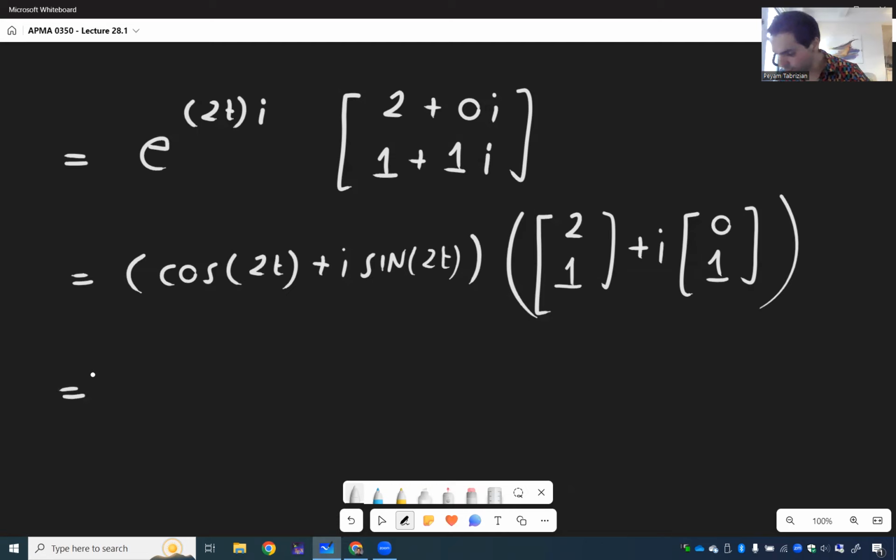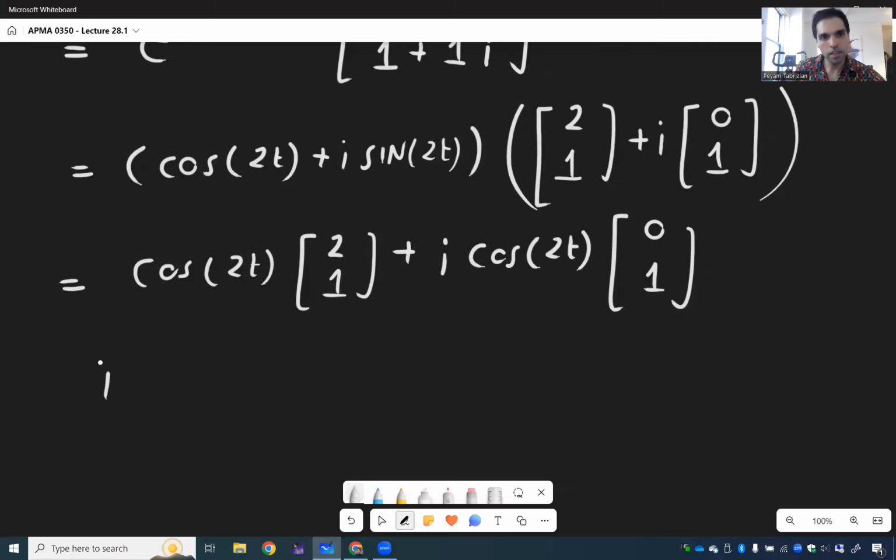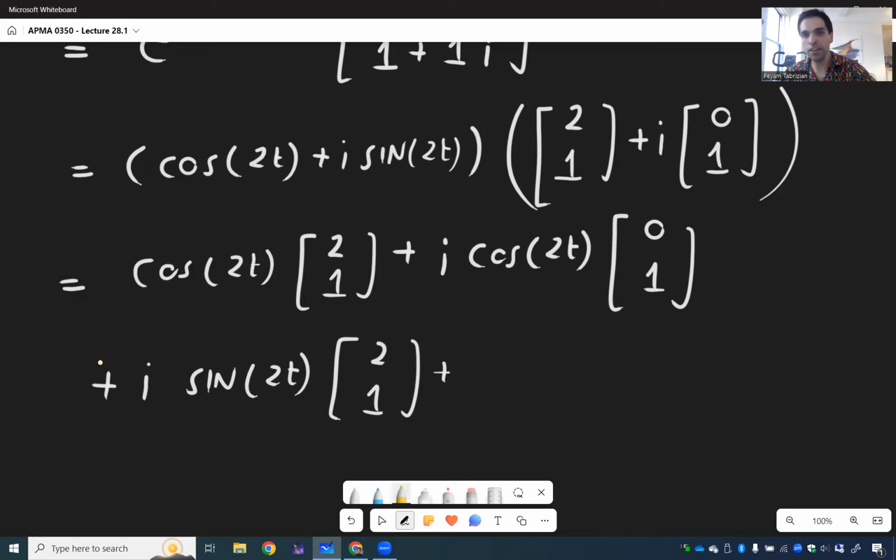So this becomes cosine 2t times (2, 1), plus i cosine 2t times (0, 1), plus i sine 2t times (2, 1), plus i squared, which is really minus 1, times sine 2t times (0, 1).